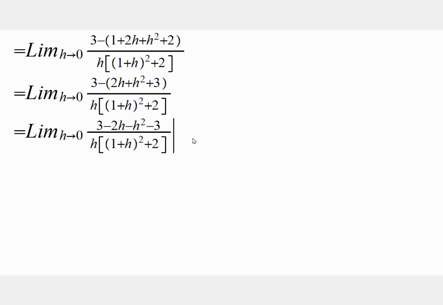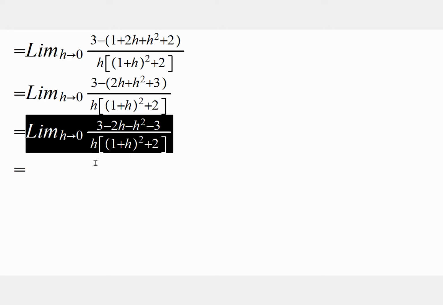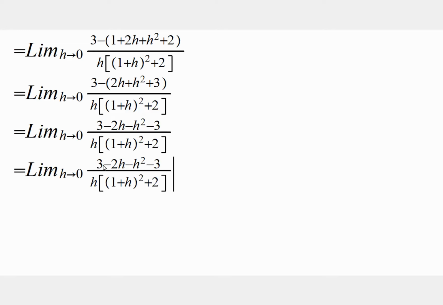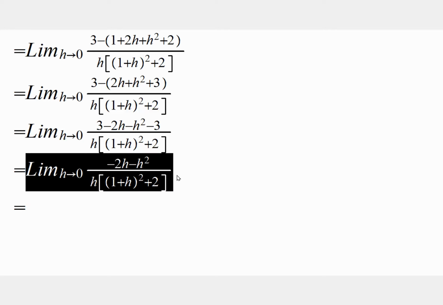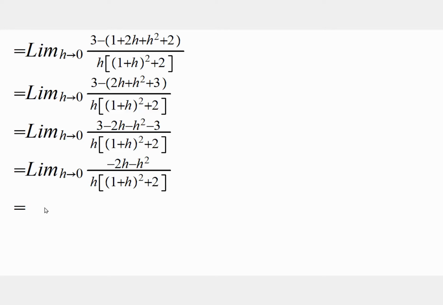These threes will cancel each other, right? So what shall we be left with then? These guys are out, and this simply cancels this here. Now we can take h as a common factor, because we are taking the limit as h goes to 0. In there, we just cannot step on 3.